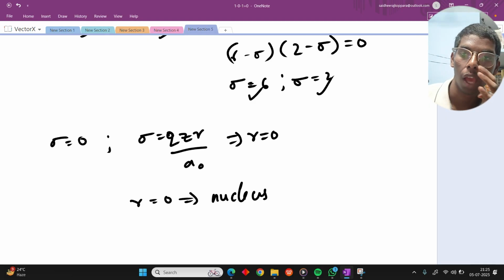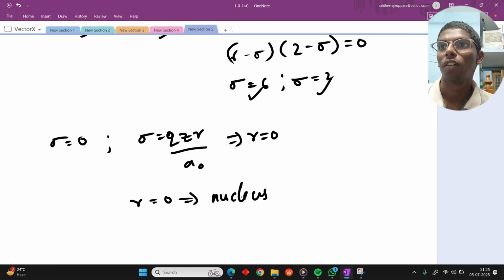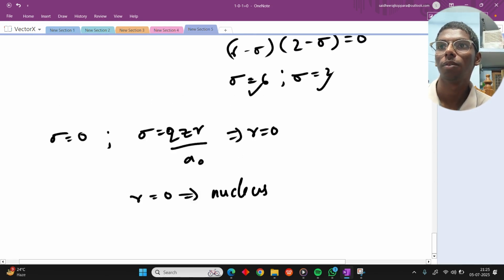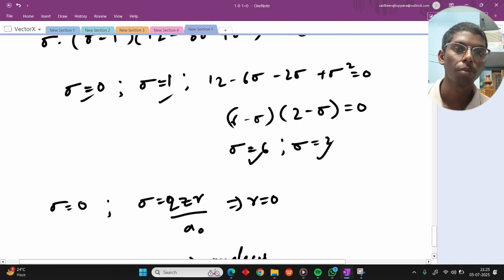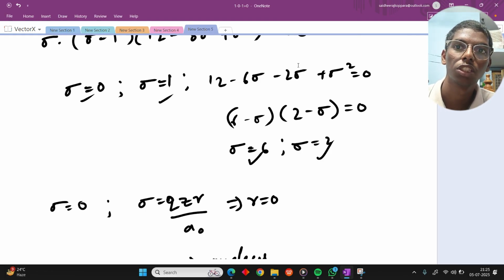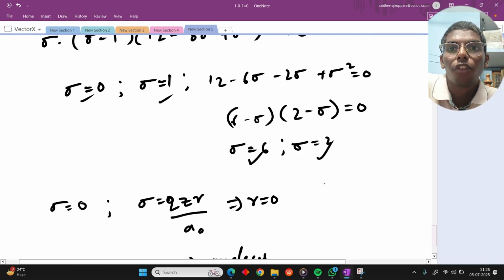So sigma equals 0 is overruled. The other roots are still valid, when sigma is 1, 6, or 2. So your number of radial nodes will be 3 instead of 4, because sigma equals 0 is overruled.